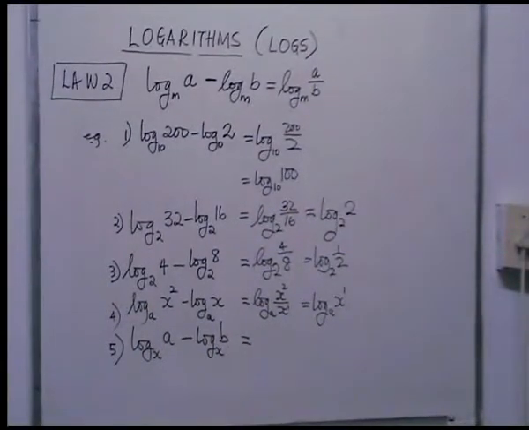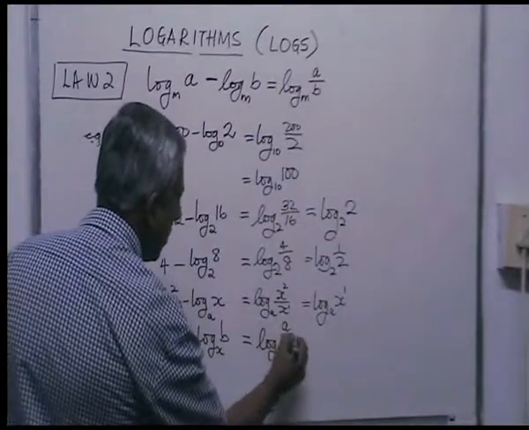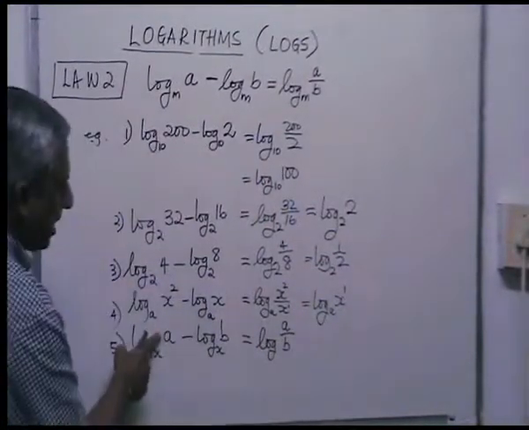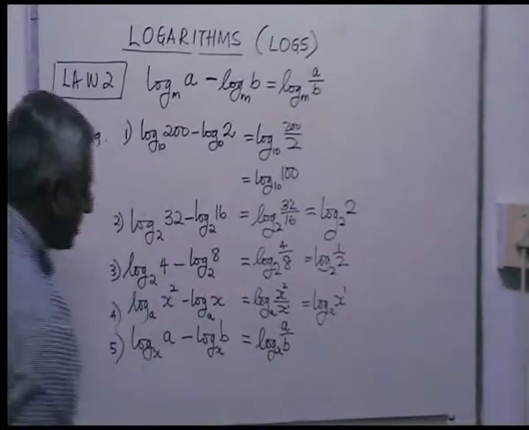For me to apply the law, I've got to check the bases are exactly the same. Yes. There's a minus sign. Yes. Therefore, the answer will be log of a over b. A over b, and I must write down the base.